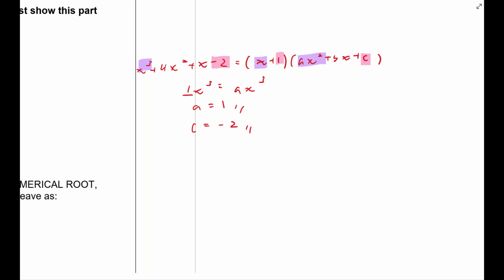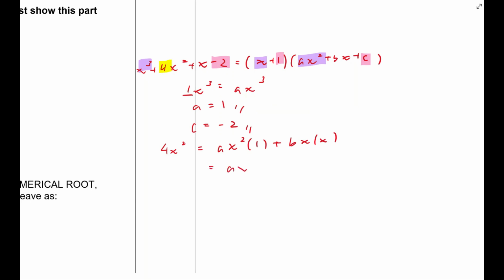Okay, now to find b, we'll be comparing x squared. On the left side, it will be 4, and then on the right side, it will be a bit more complicated. So we'll write down our 4x squared first, equals, on the right side, ax squared times 1 plus another way to get x squared will be bx times x.